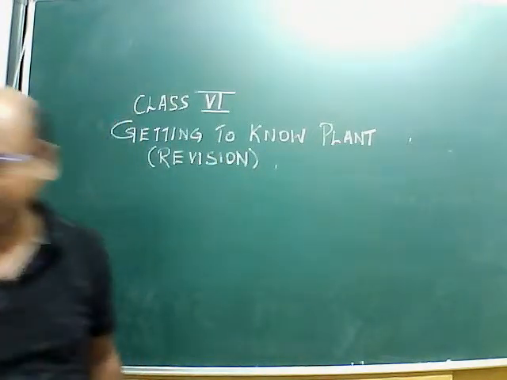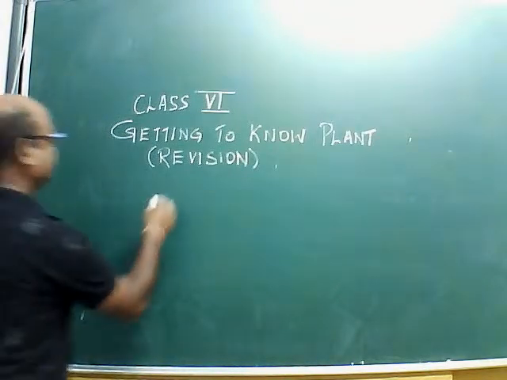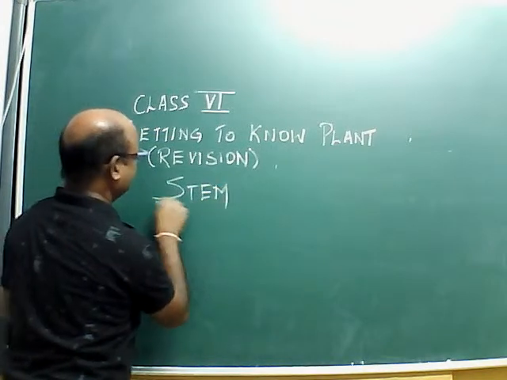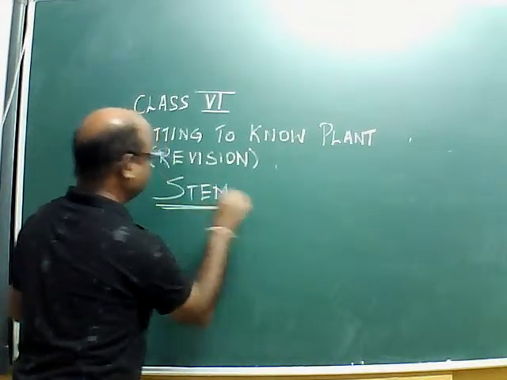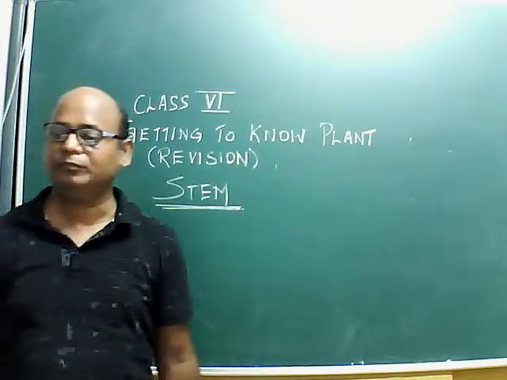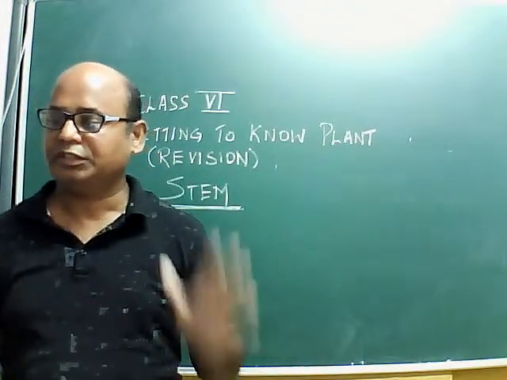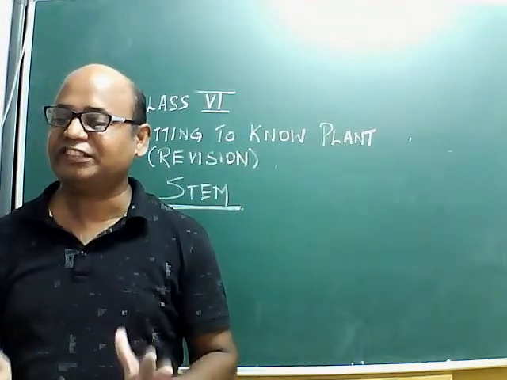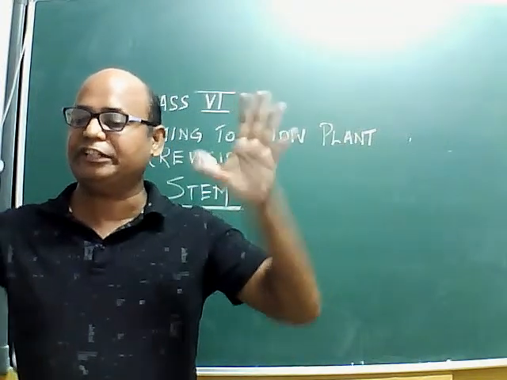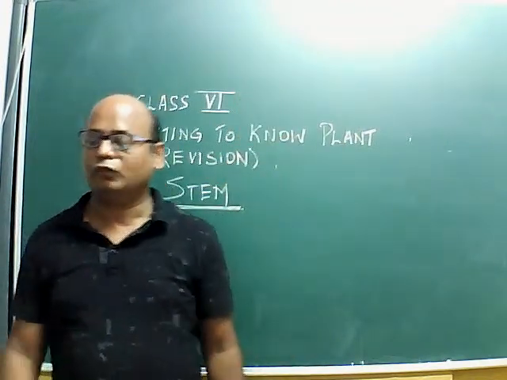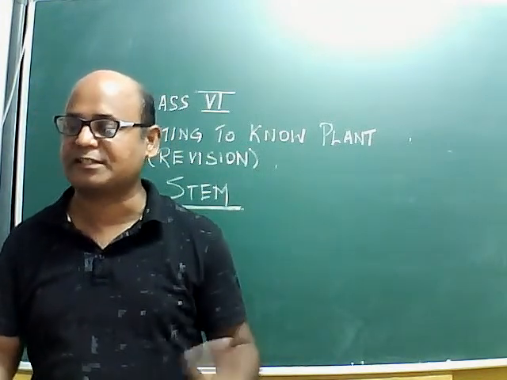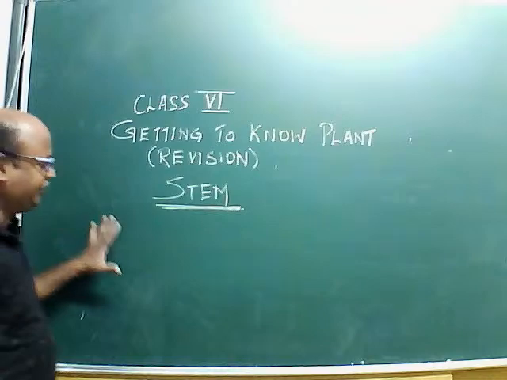Okay, then next topic is regarding stem. You know that stem acts as the intermediate between root and the different aerial parts of the plant. For example, flowers, leaves, buds, fruits. So it acts as the intermediate.